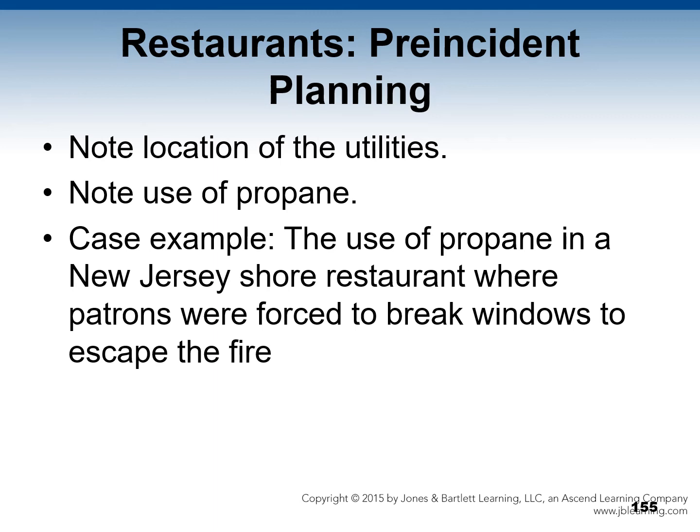One case example for you to look at is use of propane in a New Jersey Shore restaurant where patrons were forced to break windows to escape fire. That reference is a little bit general, but there are, unfortunately, many examples you could look up where this type of incident has occurred.